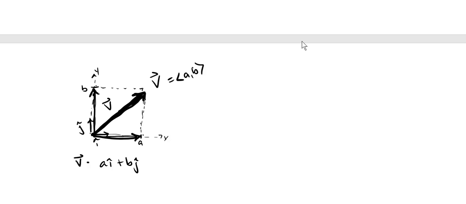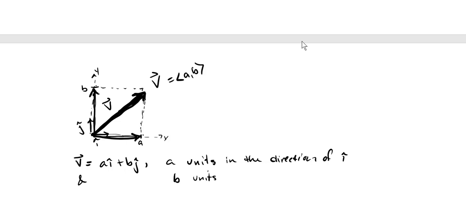So when we write v in this way, we're really writing it as a units in the direction of i, and b units perpendicular to that direction, i.e. in the direction of j.